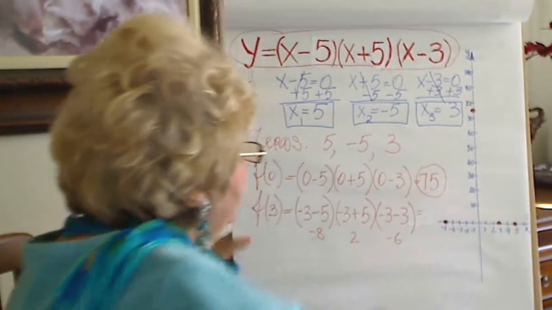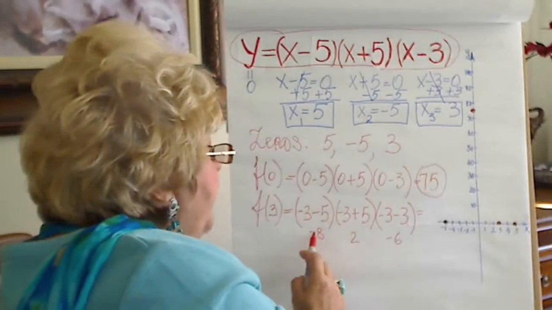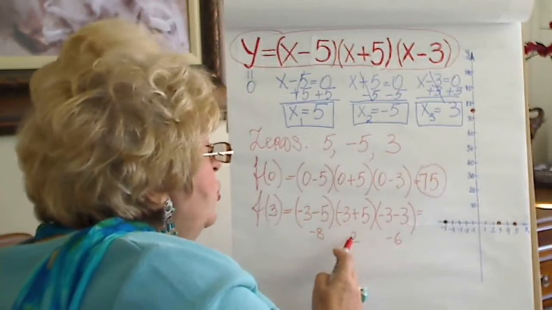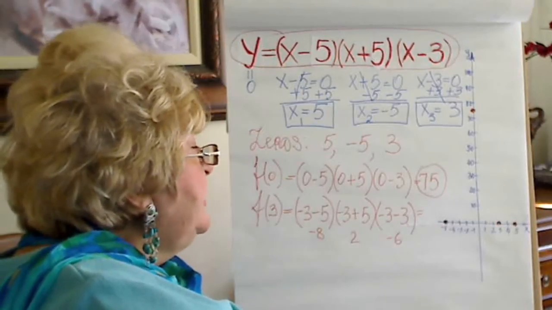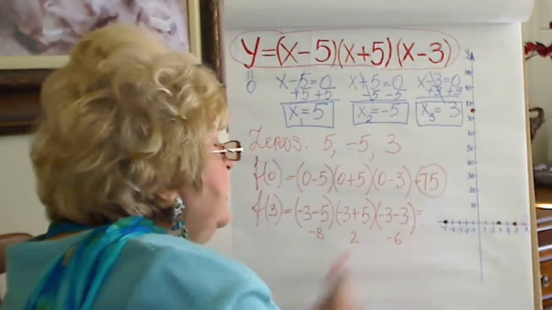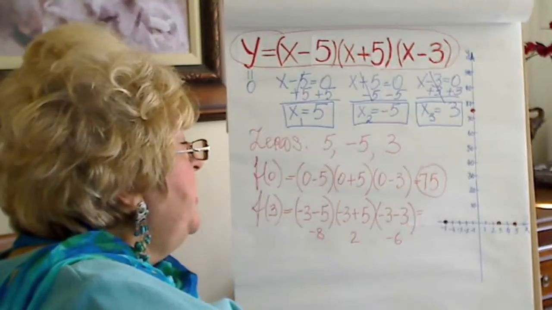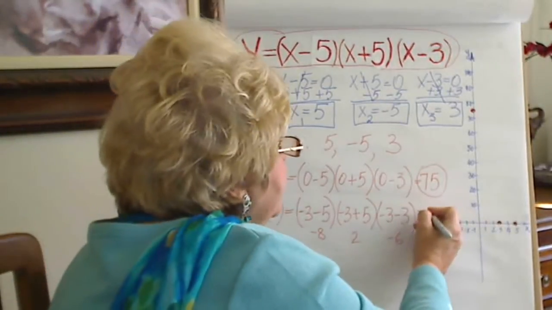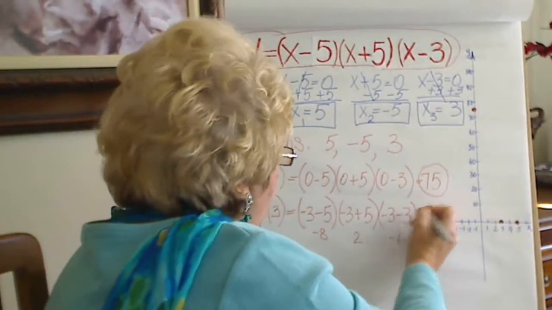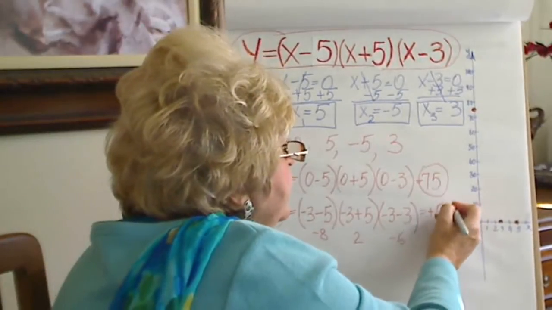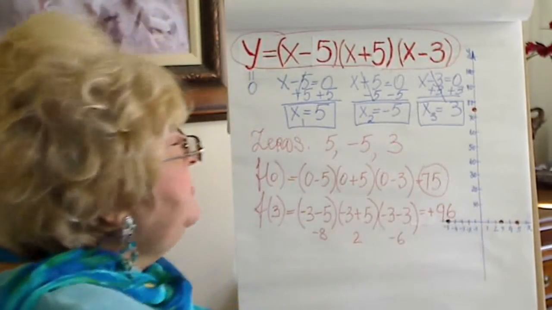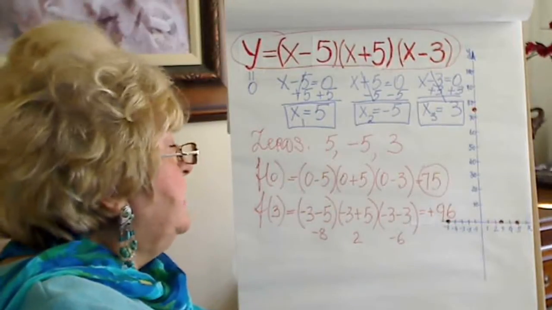So our result will be negative 8 times 2 will be negative 16, and negative 16 times negative 6, it will be negative 96. Sorry, it will be positive 96. Negative times negative will be positive 96.